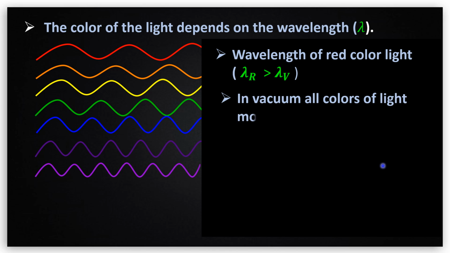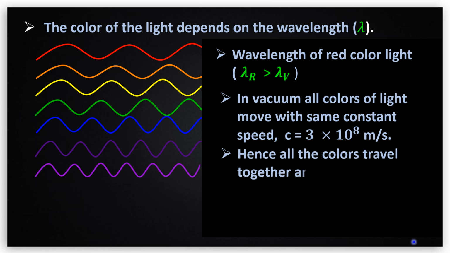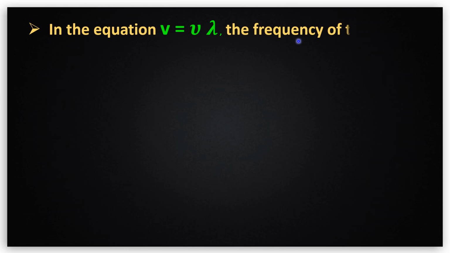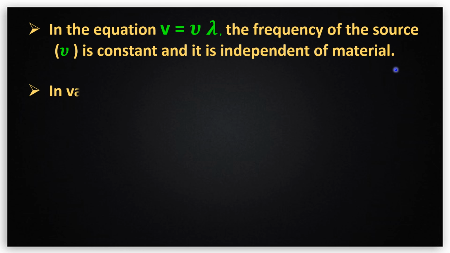So in vacuum, all colors of light move with the same constant speed, c equals 3 into 10 to the power 8 meters per second. Hence, all the colors travel together and light appears white in vacuum. In the equation v equals nu lambda, the frequency of the source, nu, is constant and independent of material.